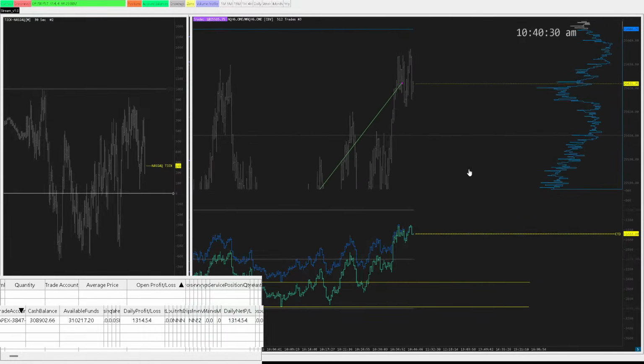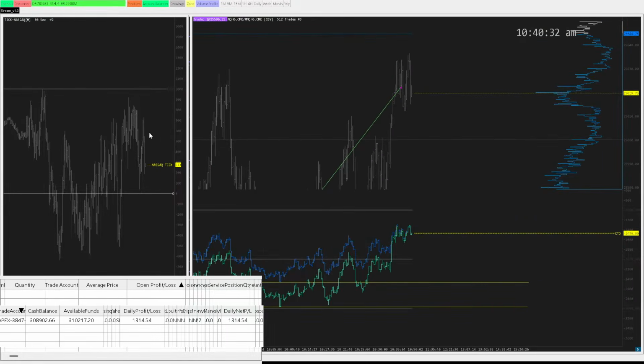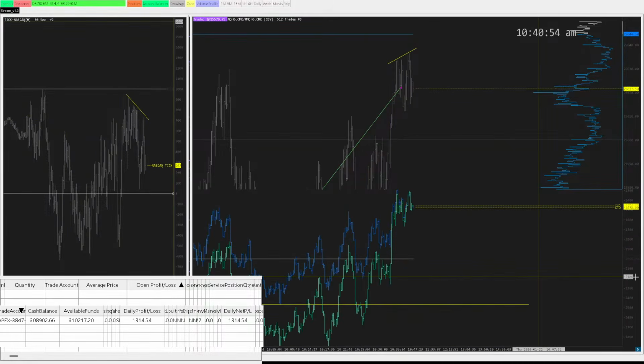Now, I'm not saying necessarily that you need to short this, okay? But if we look at price, we got a higher high, and we look at the tick, we've got our high, and then we have a lower high. And then look at what's happening with our order flow.